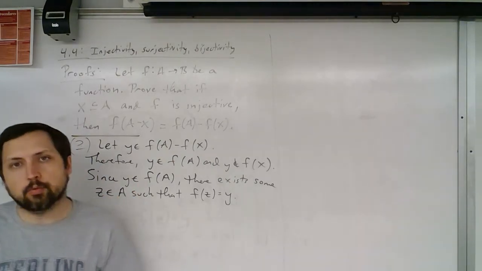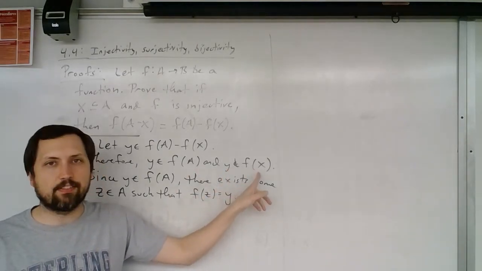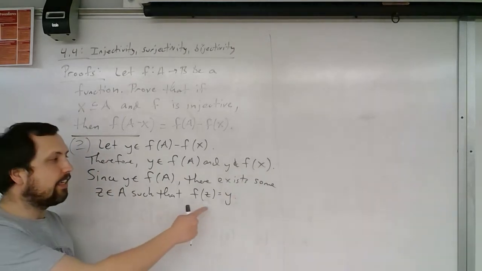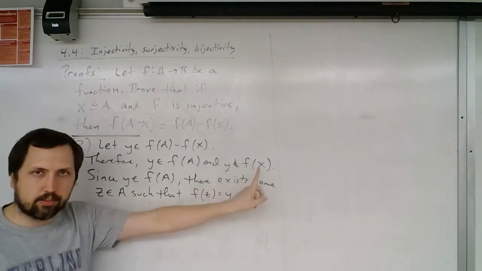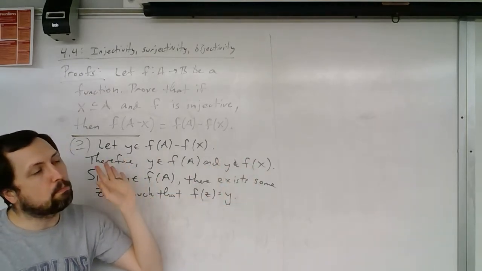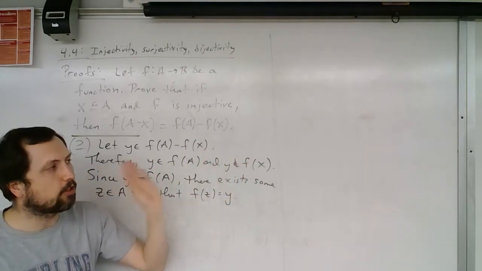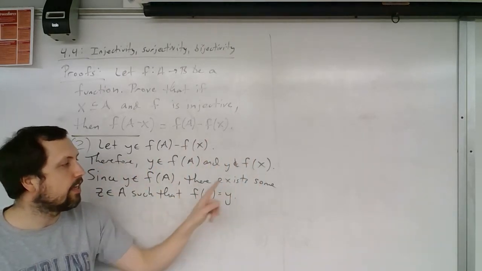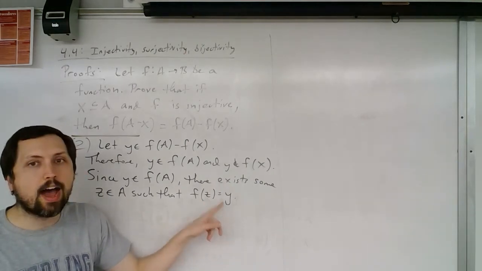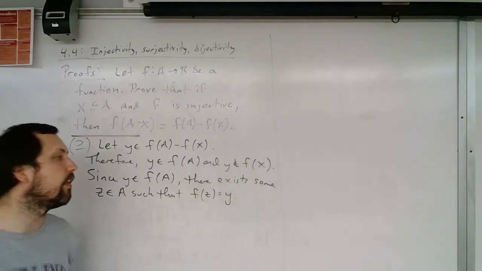Now, because we know that y is not in f of X, if we think about this, if z was an x, then when we push the set X forward through our function, applying the function to every element in X, the function evaluated at z, which is y, must be in the image of this.